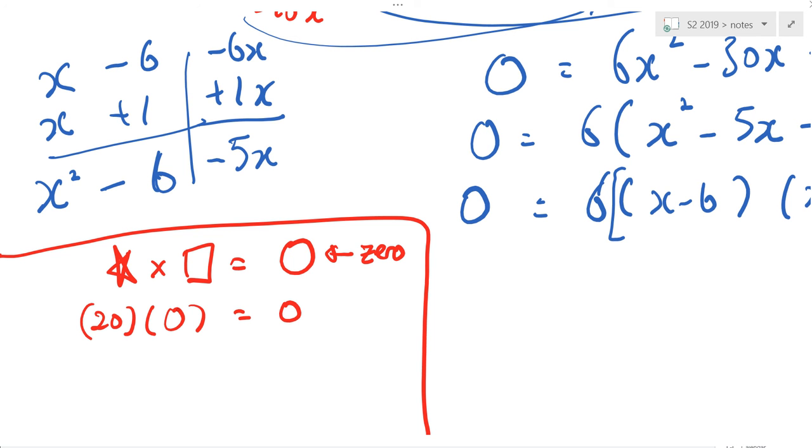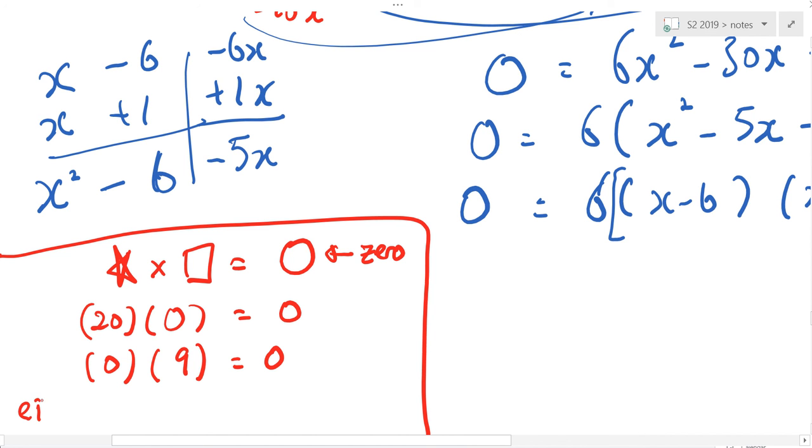Can you do this activity with me? If I tell you this is 9, what must this number be so that it will be 0? 0. Do you agree that either the star or the square must be 0? Agree?